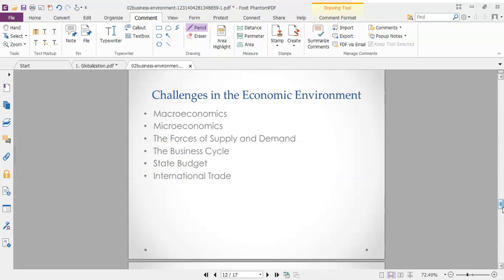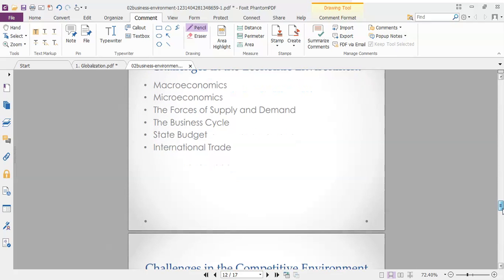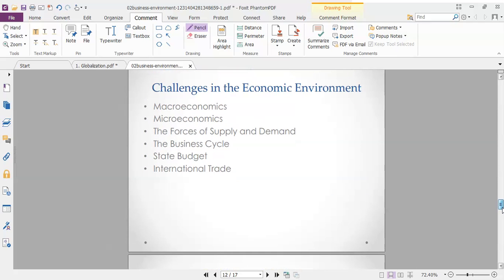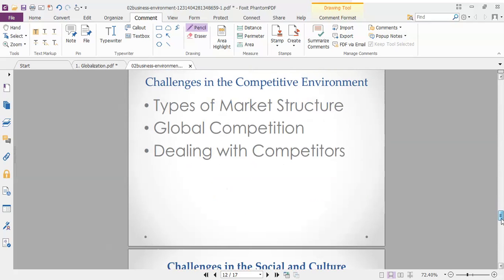It is a very crucial time also. And because of the PKP and MCO before this, your business went down. So that is the business cycle. Then state budget and international trade. That is an example of the challenges in the economic environment.